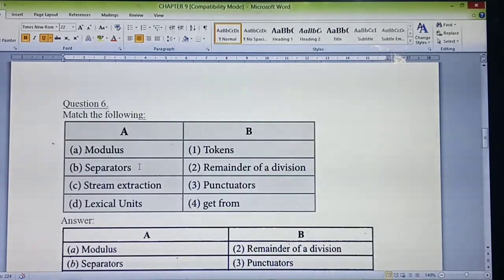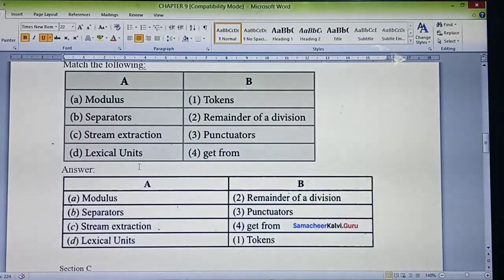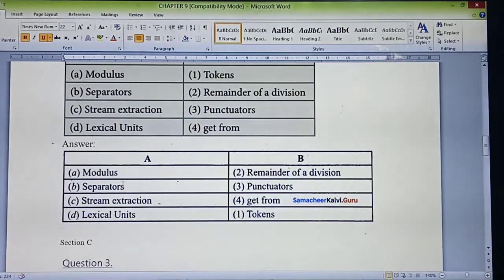Okay. Then this is the sixth 2-mark question. Match the following, write the answer. Or match it in your textbook itself, no problem. So this is the answer, match it, okay.